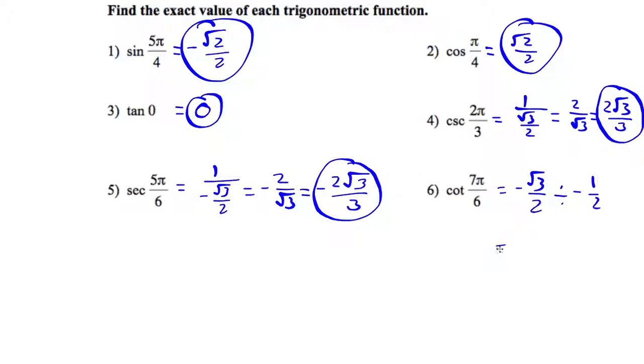Well, division is the same as multiplication of the reciprocal. So negative root 3 over 2 times negative 2 over 1, and this is where knowing how to multiply fractions comes in handy, because these just cancel out. Negative times a negative is a positive, so that's just the square root of 3.